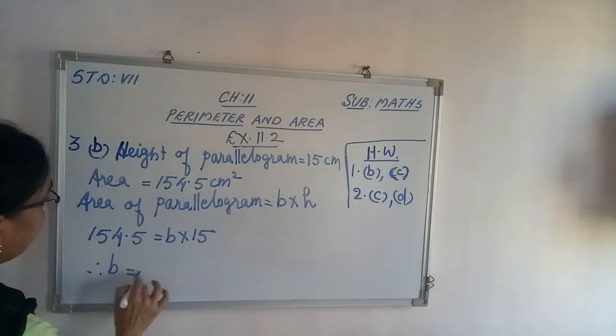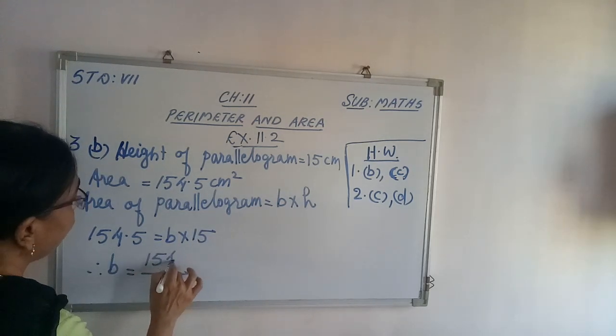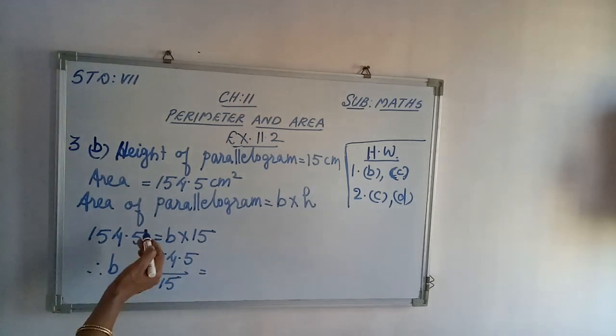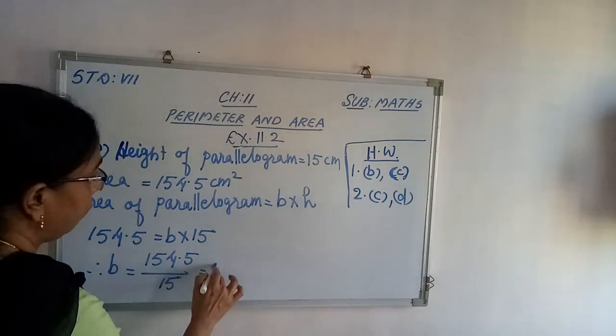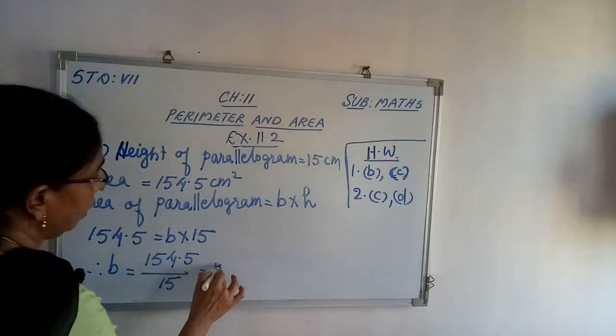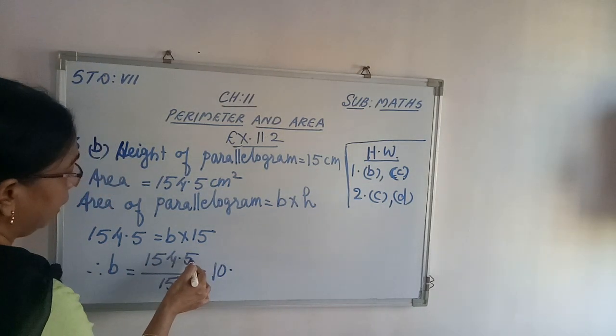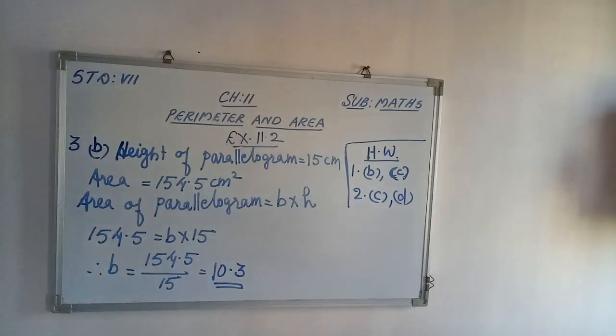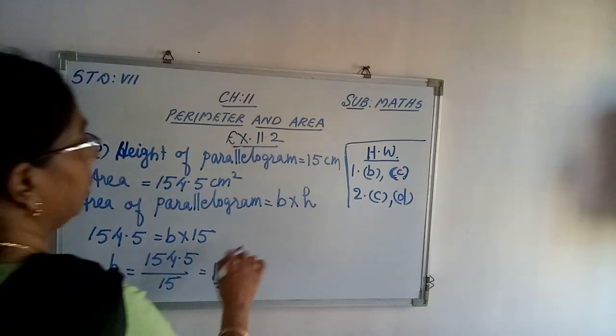Therefore, B is equal to 154.5 divided by 15. Divide: 15 ones are 15, subtract, we get 4, it's not going, so 0. Then 45, 15 threes are 45. So you will get 10.3. So what's the final answer?